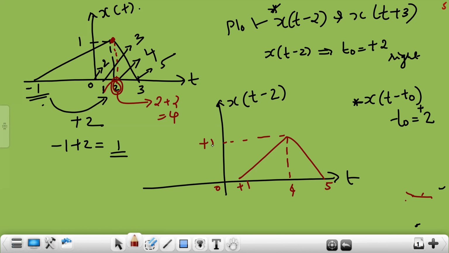Have you taken this down? Hope you have drawn this graph in your notebook. Now I am going to plot another waveform, that is x of t plus 3.